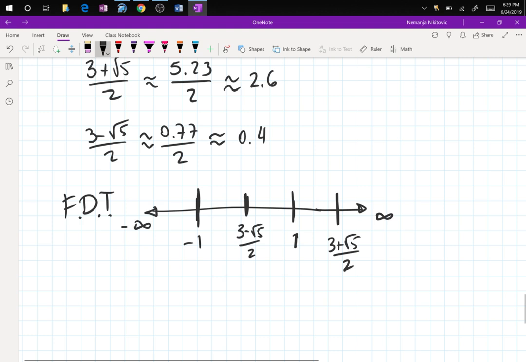Partitions are where the function is continuous. Is the function discontinuous at those points? The function is discontinuous at negative 1 and 1 because there are vertical asymptotes there. But the other points should be a min or max, so it's going to be continuous there.